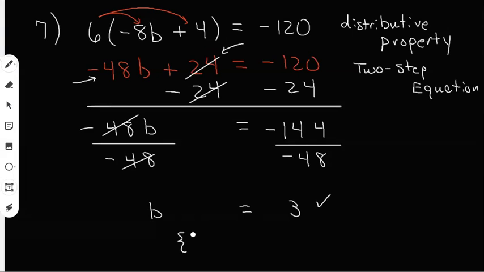That's going to go inside my solution set. Okay, so I guess you could call this a 3-step equation, but it really is a 2-step equation in disguise because we did the distributive property first.